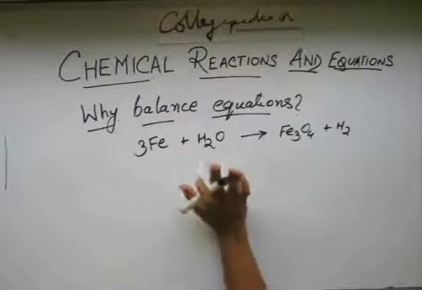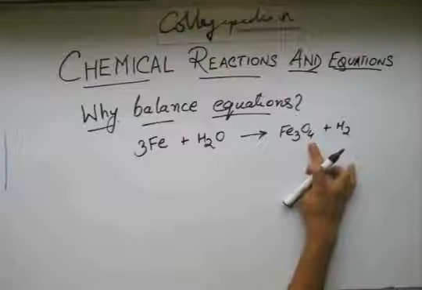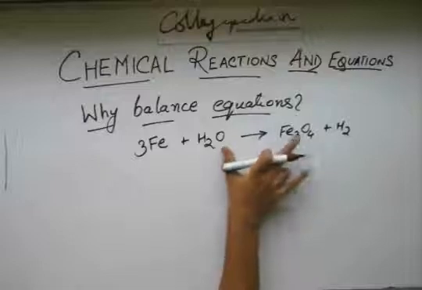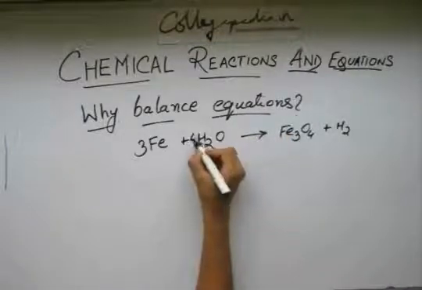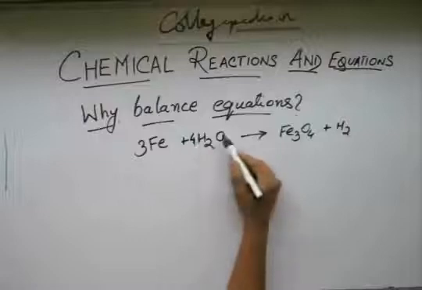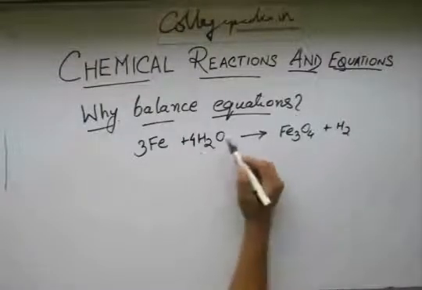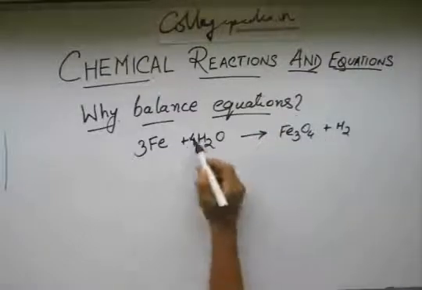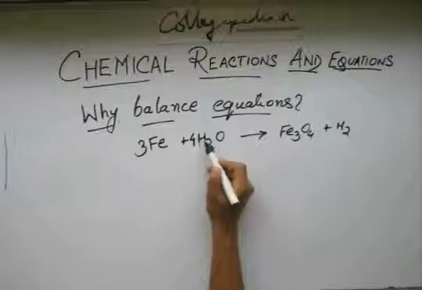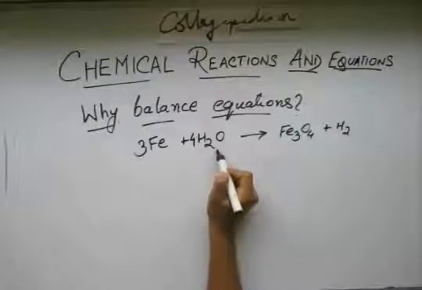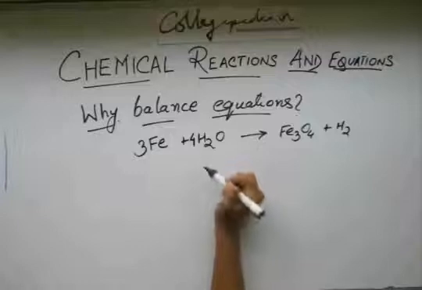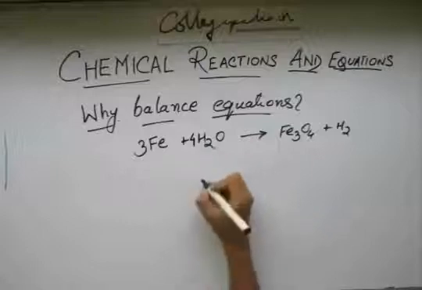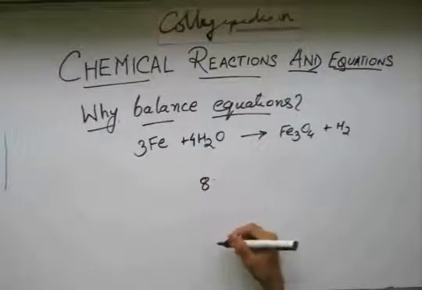Now you see that here there are 4 oxygen atoms. Here there is 1. So in order to make this 4, you put a 4 in front of this. This 4 multiplies with the oxygen, making it 4 atoms of oxygen. So oxygen is balanced, but it makes the hydrogen, which was 2, 2 into 4, so there are now 8 atoms of hydrogen.